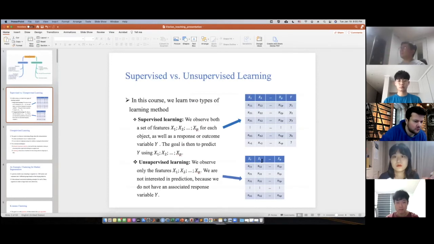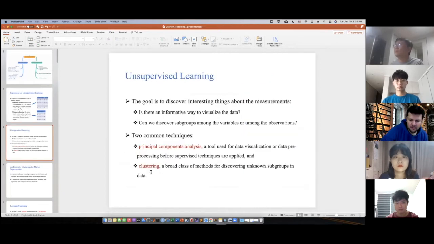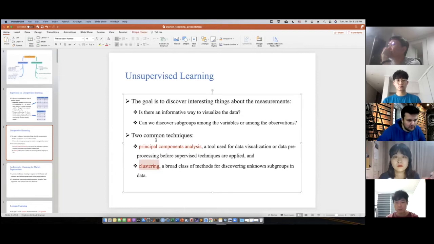Rather than using all of them, we can focus on some of them, and that subset will describe the majority of the variance in our data set. And clustering, the other technique, is a broad class of methods for discovering unknown subgroups in a data set. This is the one that we're going to learn today mainly.